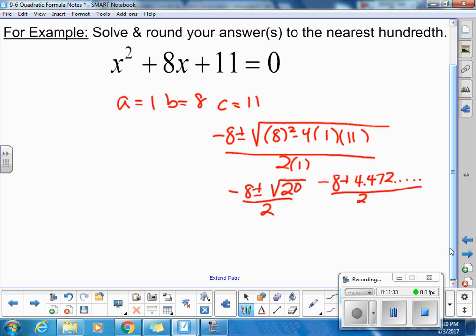And then you should also have negative 8 minus 4.472 dot, dot, dot, all over 2. And when you do that, you get for the answers x equals negative 1.76, since it says round to the nearest hundredth, and x equals negative 6.24.